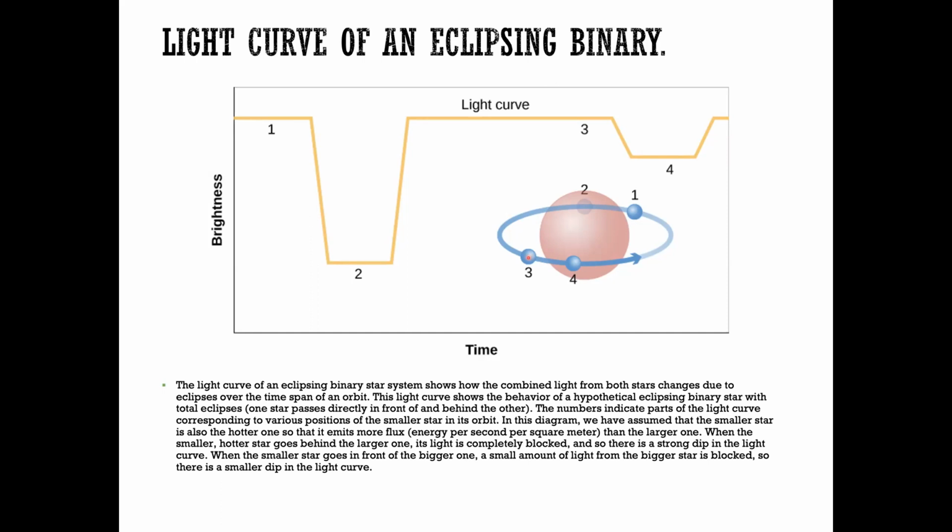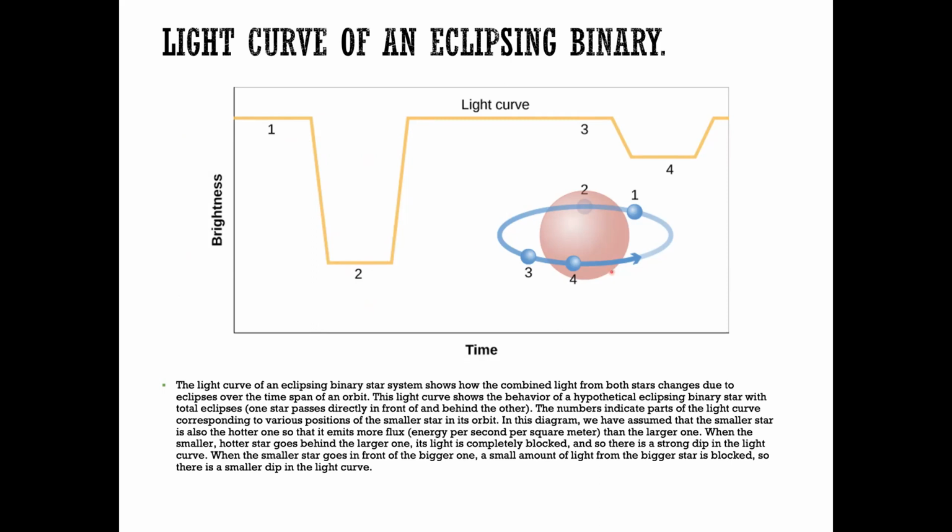However, you can see the light curve relevant to this particular binary system. A light curve in astronomy is basically how the brightness changes over time. You can see that this axis is the time and this axis is the brightness, right?